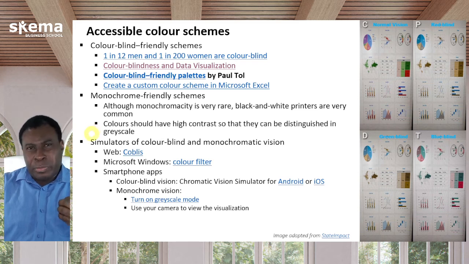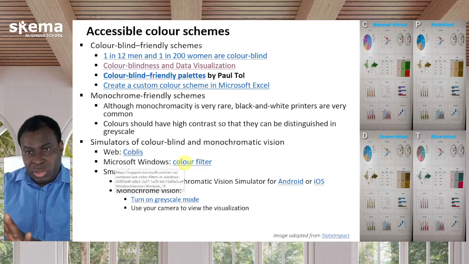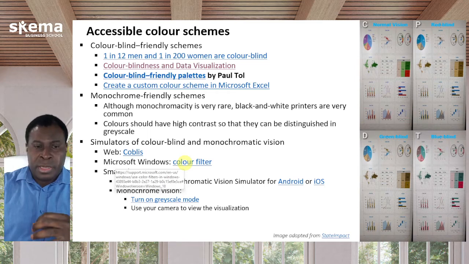Some tools to help you appreciate what colorblind or monochromatic vision might look like. On the web, there's a tool called Colourblindness, where you can upload an image and it will show you what different kinds of colorblind people might perceive. In Microsoft Windows, there's actually a color filter where you can change your screen to see what colorblind people would see. And there's probably similar tools for Mac OS.